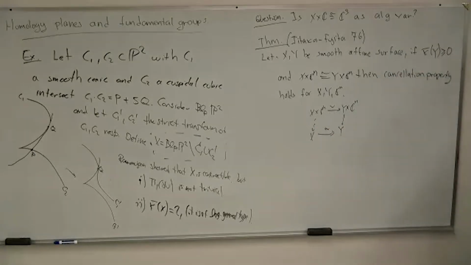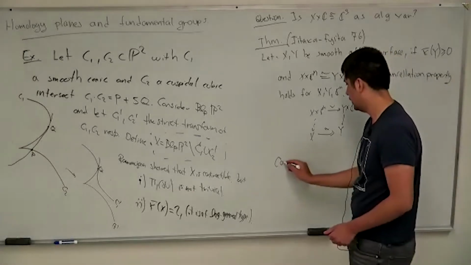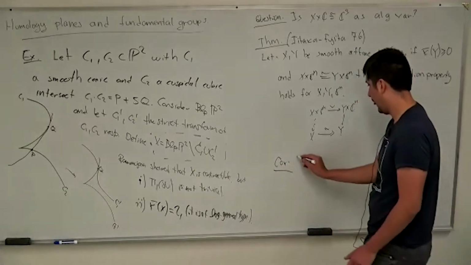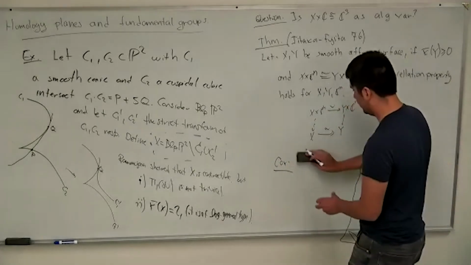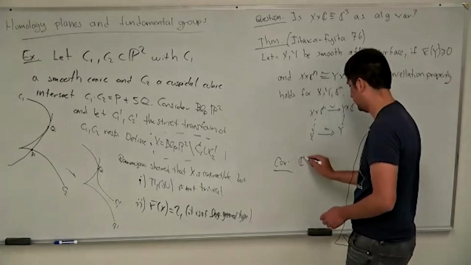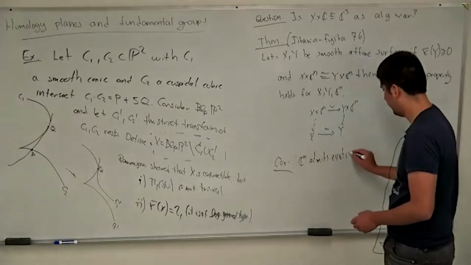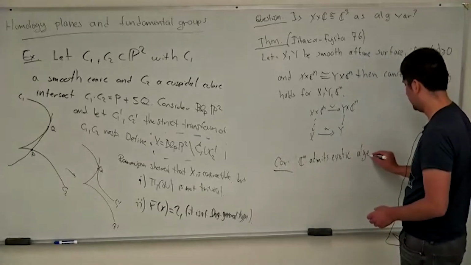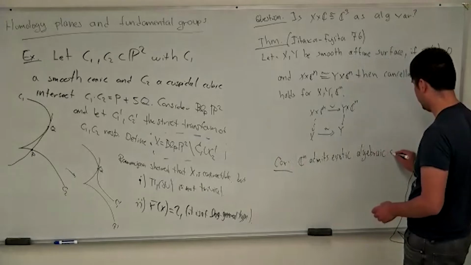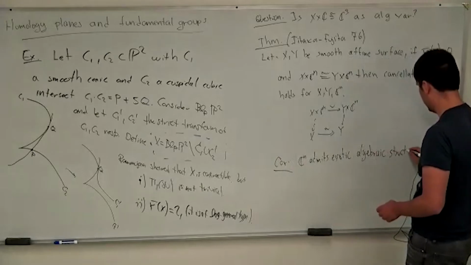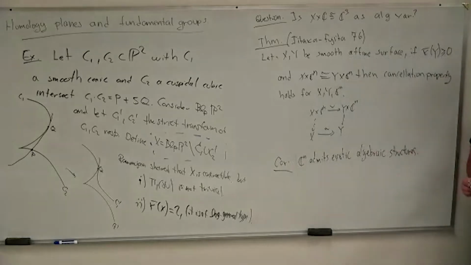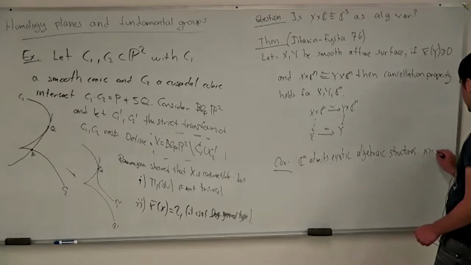So the corollary of this is that Cn admits exotic algebraic structures. And so the idea of the proof is that you can use the h-cobordism theorem for n bigger than 3.